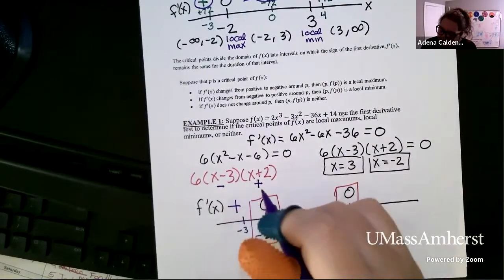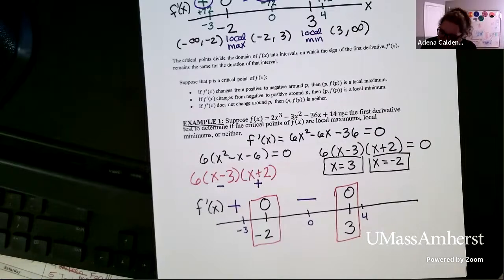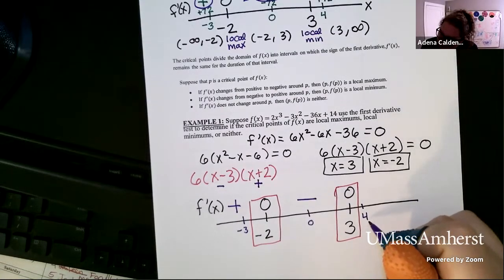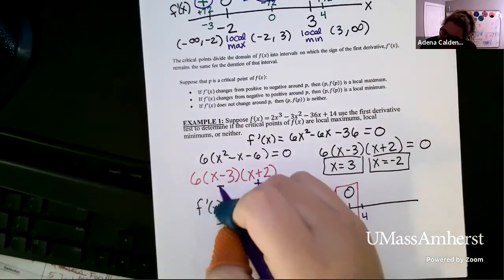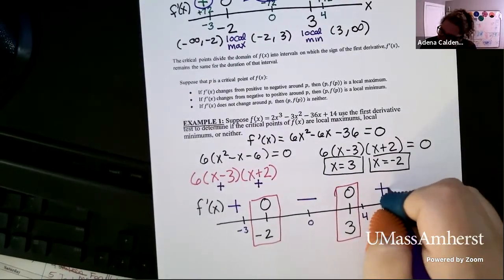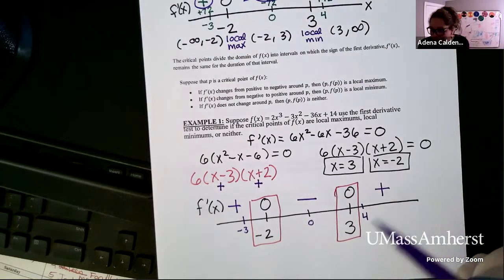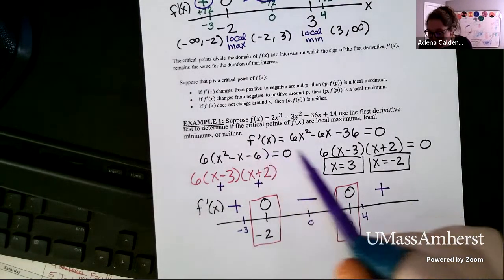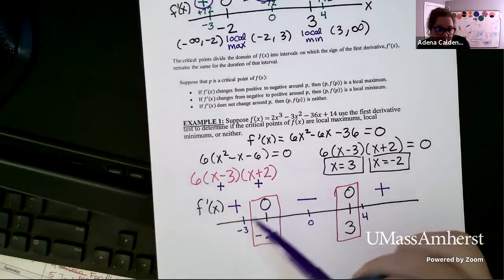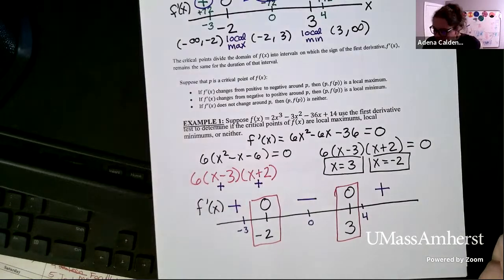So I have negative times positive is negative. And then for the number 4, 4 minus 3 is positive, 4 plus 2 is positive, positive times positive is positive. So you can also do it that way. It's really a matter of preference. If you would prefer just to plug it into the first derivative to get the value and then say whether it's positive or negative, you'll get the same results.